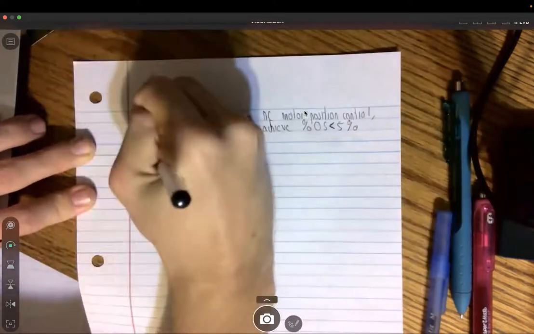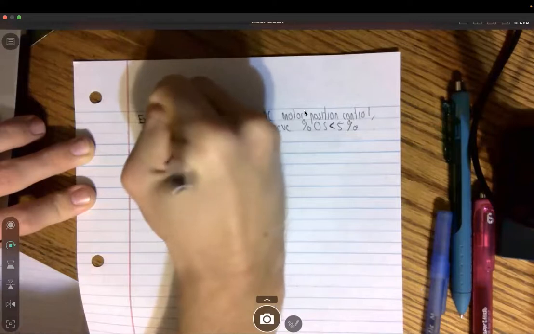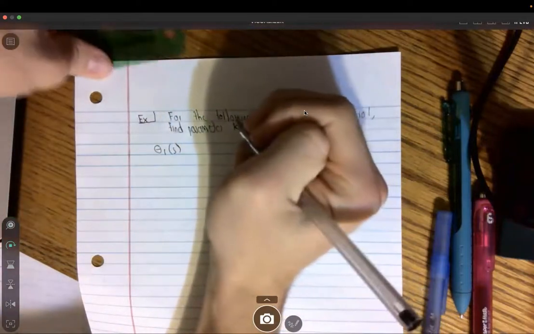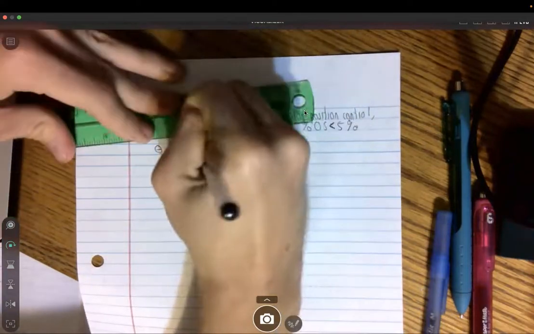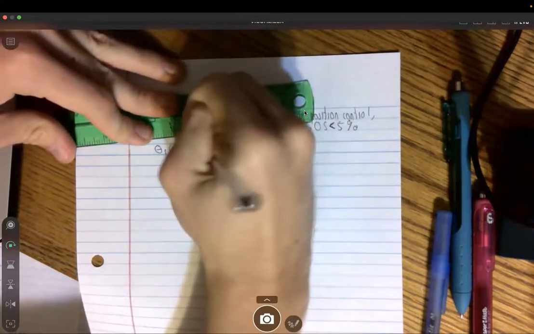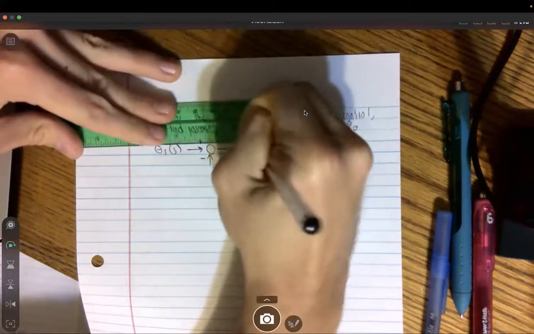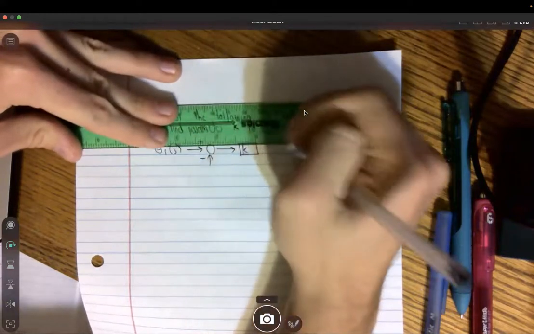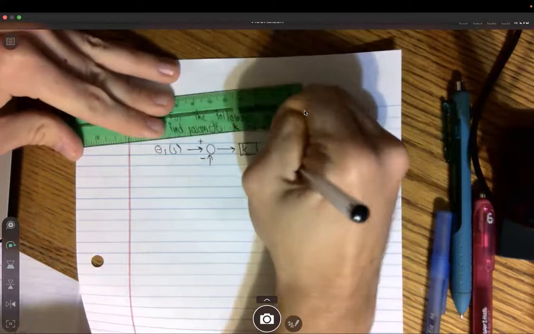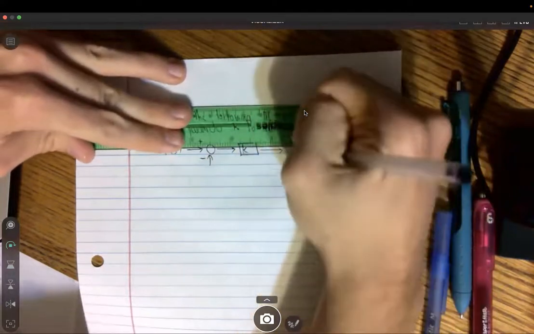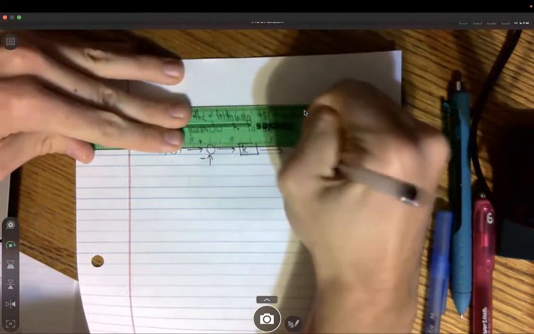Okay, so they gave us here, we have our theta S goes into the summing block where we had the plus and the minus here. And here's our K, which acts as our gain almost. And then we have our DC motor, which is 1 over S times S plus 1.